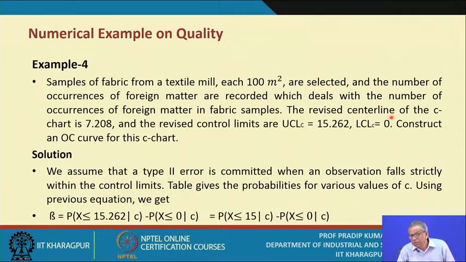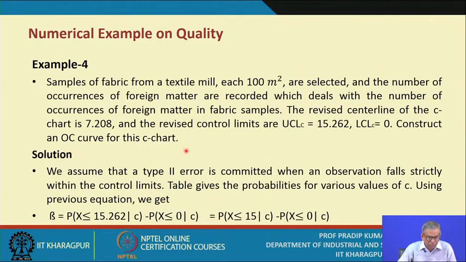The revised central line of the C chart is 7.208, and the revised upper control limit is 15.262. The lower control limit is 0. This is the final control chart we are referring to.